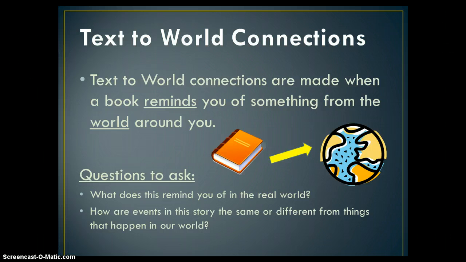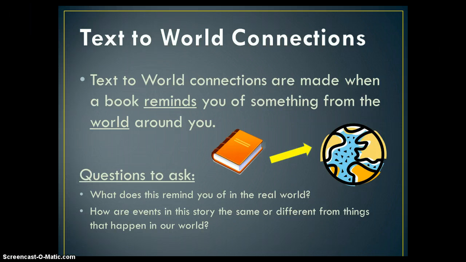Then the last one is text to world connections. This happens when a book reminds you of something from the world around you. So thinking about different groups in society, different things going on in the world, maybe politics or the economy, or how different groups of people are treated around the world, or what they experience, how you could relate to those people, or different things going on.